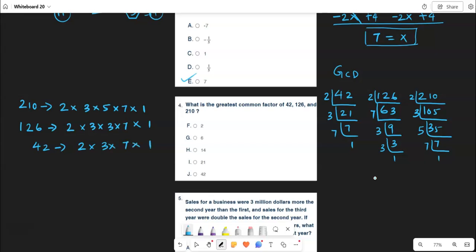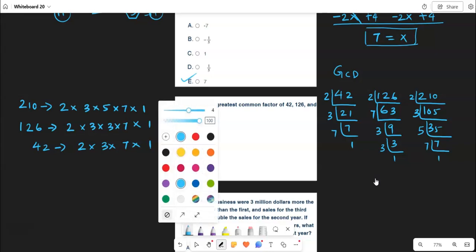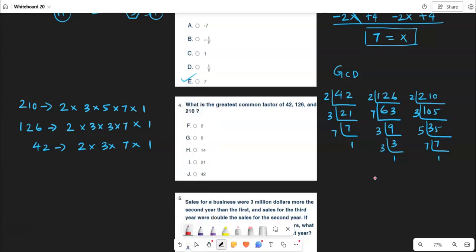Now look for the common numbers from all these three. I can find 2 is a common number. So 2 times 3 is a common number. Then 3 times 7 is a common digit in all three, so 7.